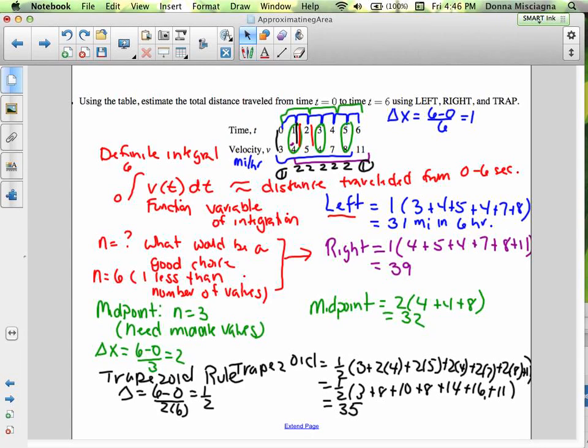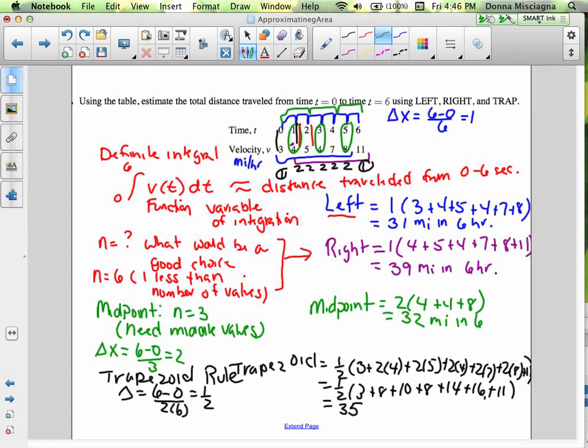And this would be 39 miles in 6 hours. And this would be the total distance. So 31 total miles. Took 6 hours to go 31 miles. 6 hours to go 39 miles. 6 hours to go 32 miles. And then 6 hours to go 35 miles.